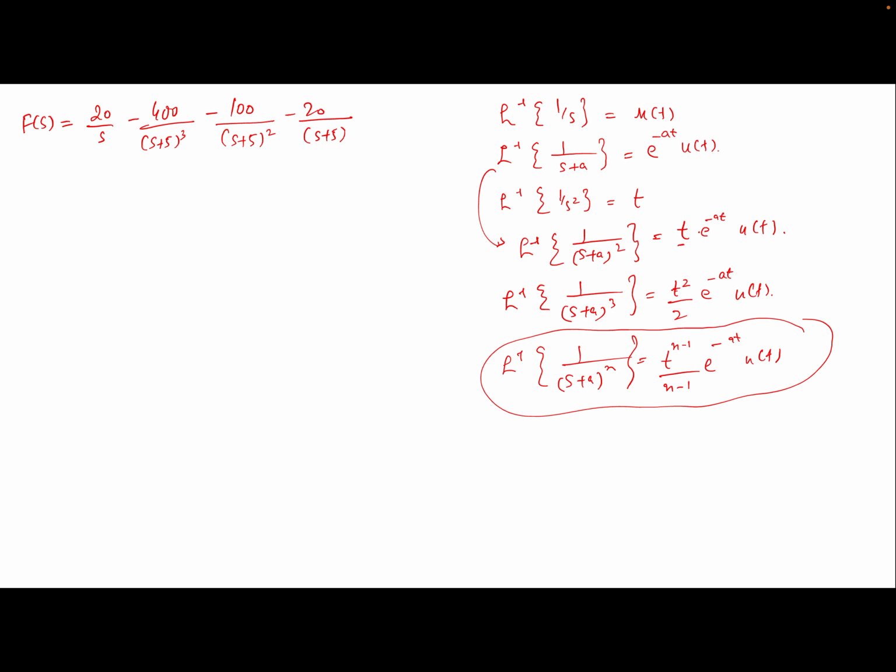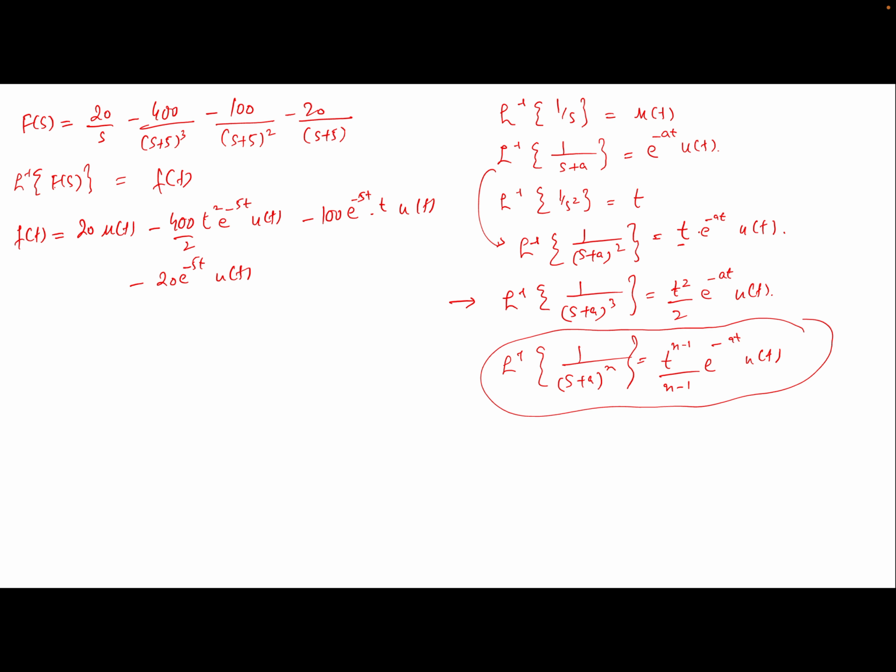I'm going to replace everything back into the equation. I'm interested in finding the inverse Laplace of F(s), which should be f(t). So f(t) is 20 times the unit step function, minus 400 divided by 2 t squared e raised to power minus 5t times the unit step function, minus 100 e raised to power minus 5t times t u of t, and finally minus 20 e raised to power minus 5t u of t.